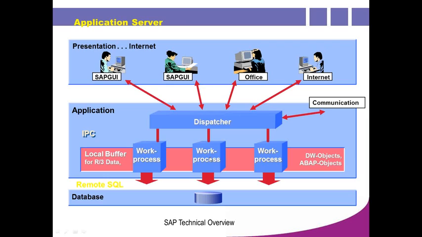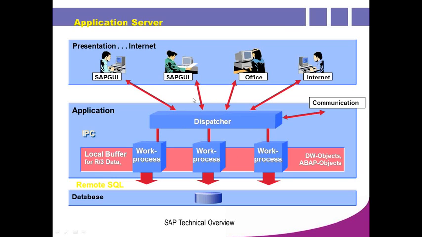The dispatcher assigns the request to a work process. The work process goes to the database and fetches your balance details, or if you want to withdraw, it edits your record, sets the new balance, and gives the amount you requested. That's why this is the presentation layer, this is the application layer, and this is the database layer.